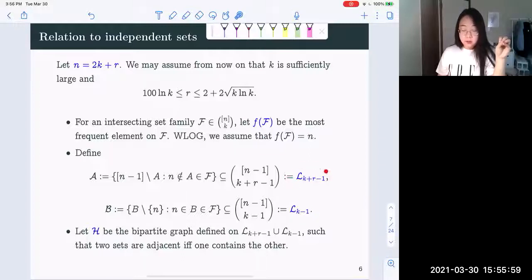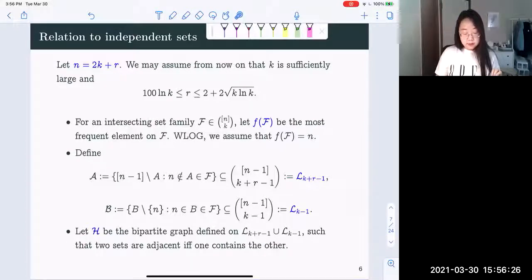The reason we use this notation is that these are actually 2 layers of the Boolean lattice. Next we define this auxiliary graph H, which is a bipartite graph defined on these 2 layers. Two sets are adjacent if and only if the set from the top layer contains the set from the bottom layer. So it's actually the same as the adjacency in the Boolean lattice.